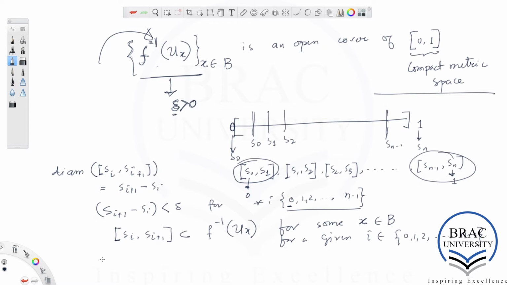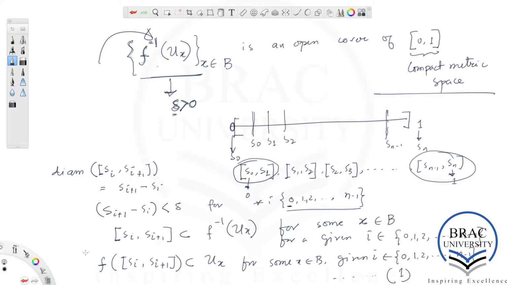In other words, what we have found is that the image of this closed interval under F is contained in U sub x for some x in B, for a given i in this finite set. This is going to be our first equation.